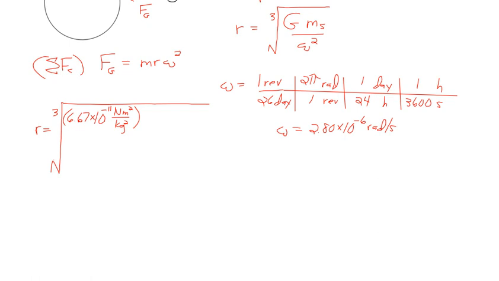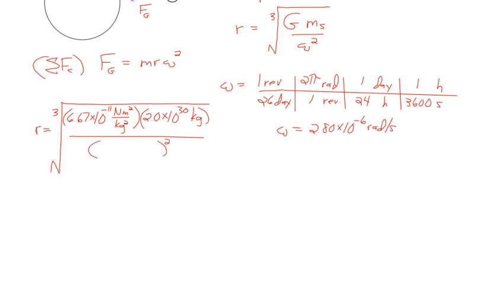The mass of the sun is what? It's like 2.0 times 10 to the 30th kilograms. And we're going to divide that by omega squared.